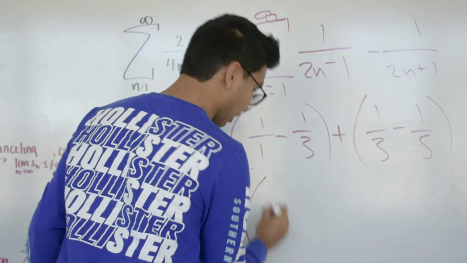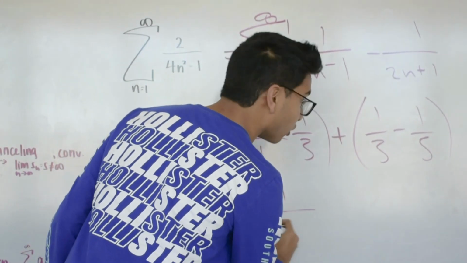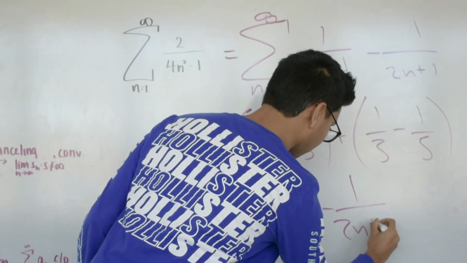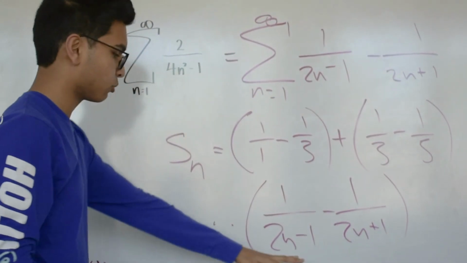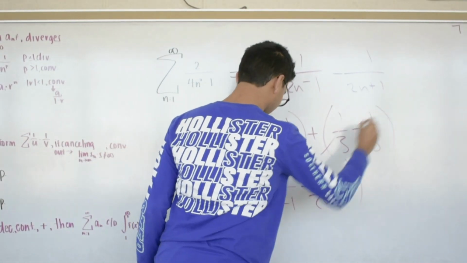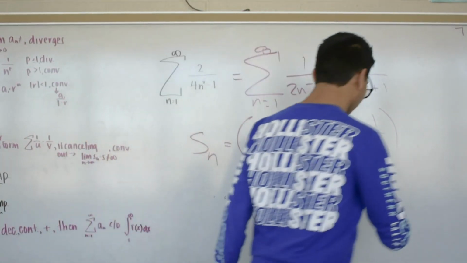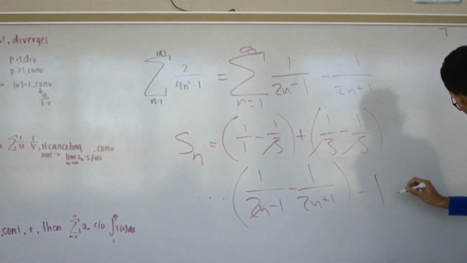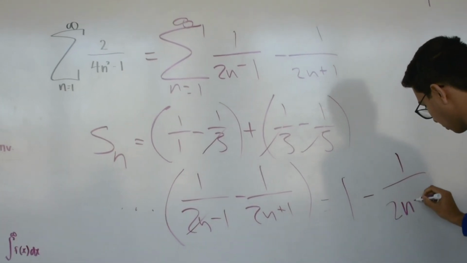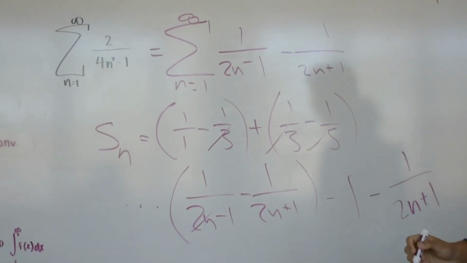So the nth term of this sequence is going to be 1 over 2n minus 1 minus 1 over 2n plus 1. Right? And since this term is going to cancel with the term before it, we can get rid of all these terms in between, and what you'll be left with is 1 minus 1 over 2n plus 1. And so the answer is 1.